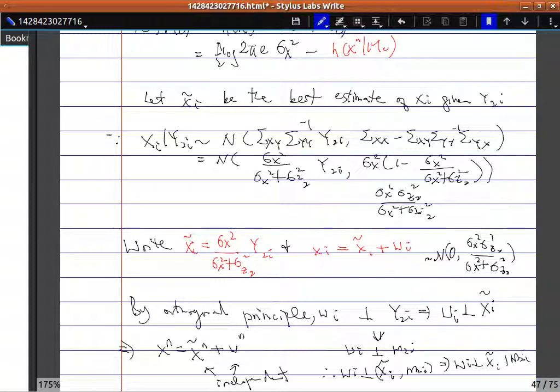Because the conditional random variable x given y is given by this mean and this variance here, the best estimate would be just the mean, right? So x tilde should be just equal to sigma x squared over sigma x squared plus sigma z2 squared times y2i.